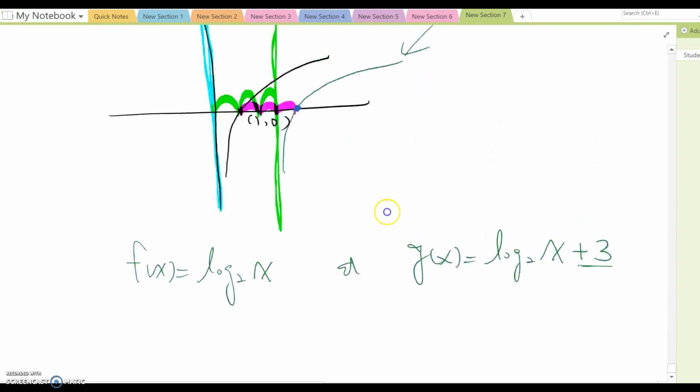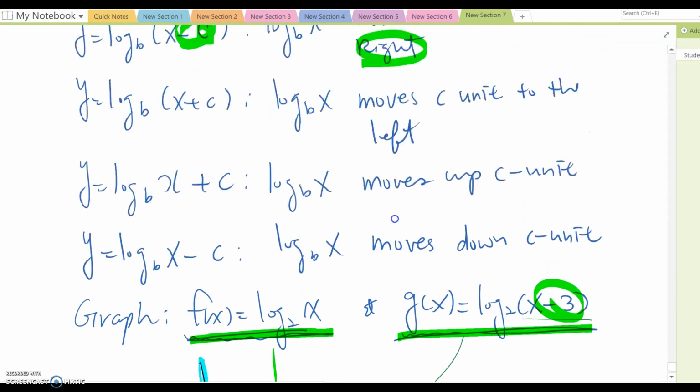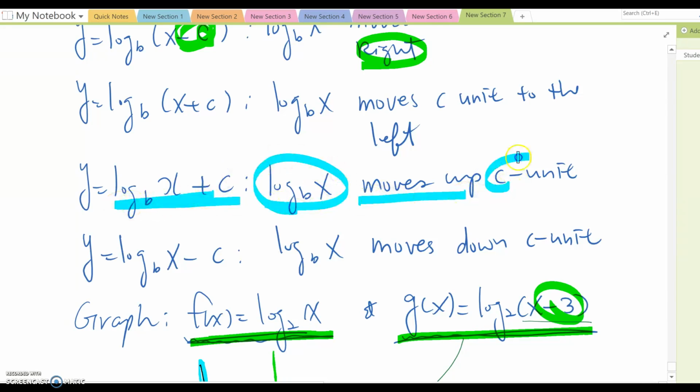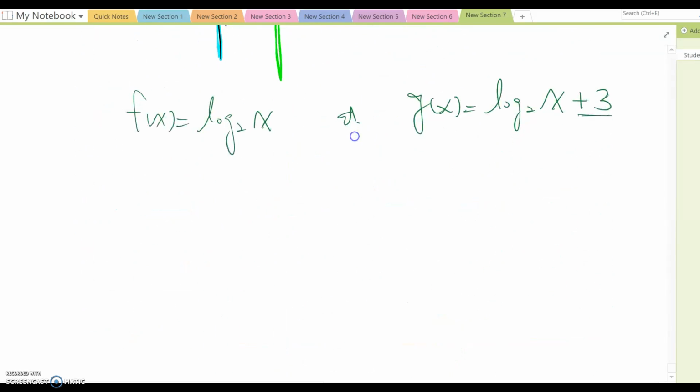Okay, so we just go back to the property part here. So log base 2 of x plus c means this function moves up c units. Therefore, we can say this one will move 3 units up basically.